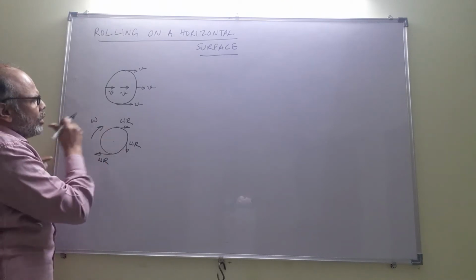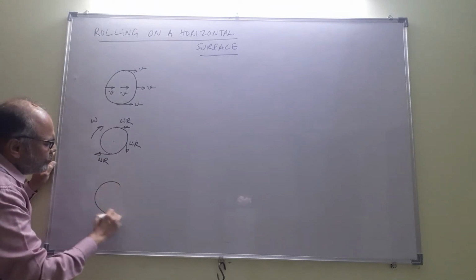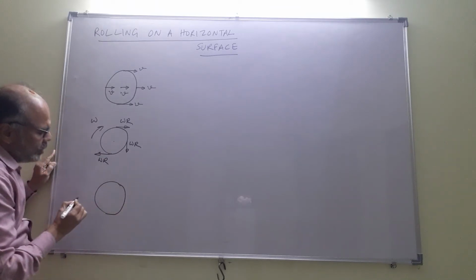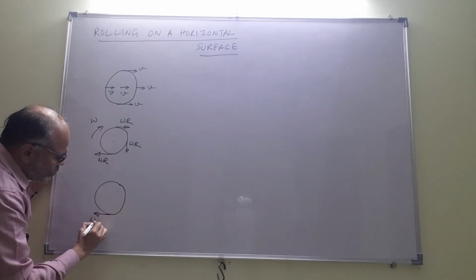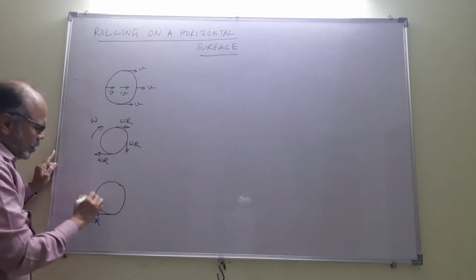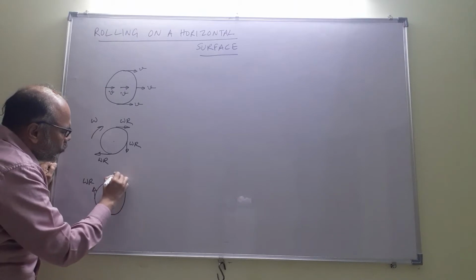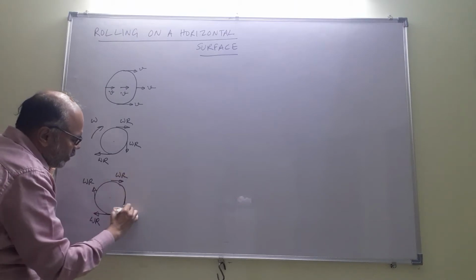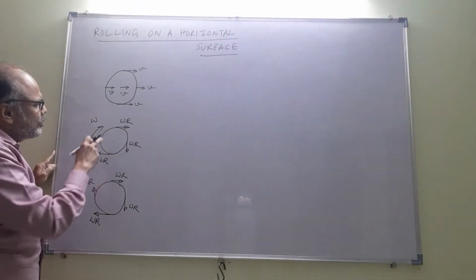Now when we superimpose both these, let us say we have the wheel here. The tangential velocity of this point is omega r with respect to the center. Here it will be omega r. I am showing only 4 points, omega r and omega r. All this is with respect to the center of mass.